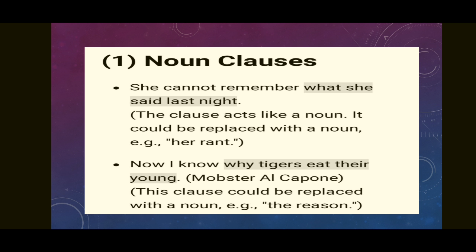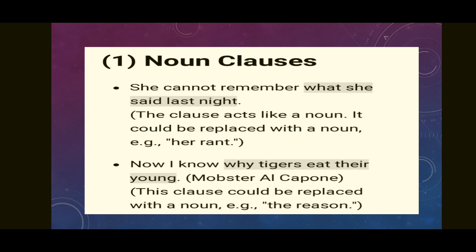Noun clause begins with words such as how, that, what, whatever, when, where, whether, which, whichever, who, whoever, whom, whomever, and why. These words generally come before the subject and the verb of the noun clause.